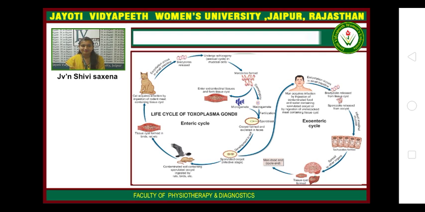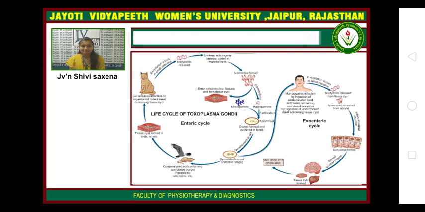A cat acquires infection by ingestion of tissue cysts in the meat of rats and other animals, or by ingestion of oocysts passed in its feces. The bradyzoites are released in the small intestine and they undergo asexual multiplication, leading to formation of merozoites.